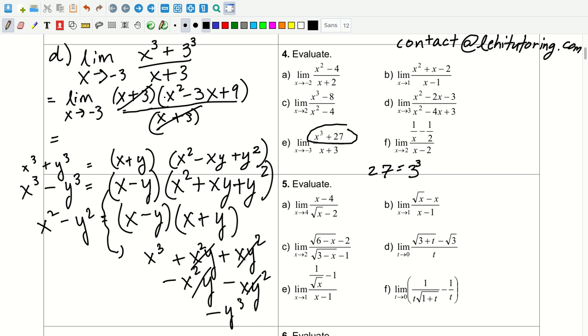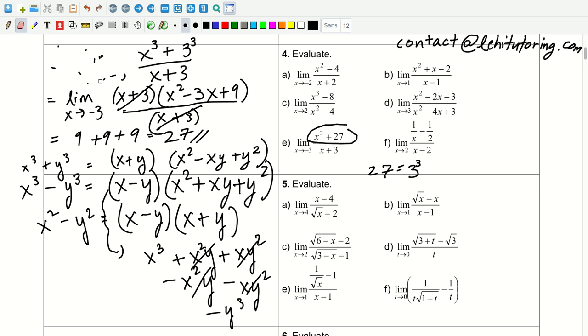And again, I can plug in negative 3 into the remaining polynomial of degree 2. So I get the square of negative 3, which is just 9, right? And then in essence, this is also negative 3 times negative 3, so I get 9 again, plus 9 at the end, and I get 27 as my answer. So that's the answer to question E. Please do not be confused. I apologize. That is question E.